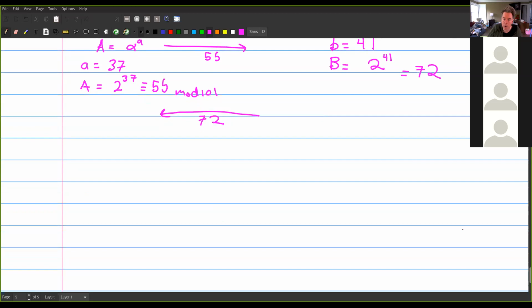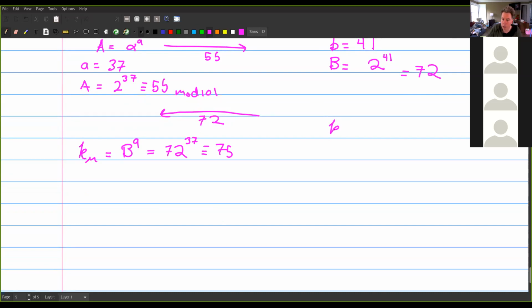And now they arrive at their shared secret. The shared secret KM is going to be equal to, so it should be B to the a, but for these particular numbers, that is 72, which is Bob's public key, raised to Alice's secret, which is 37, and that turns out to be 75.